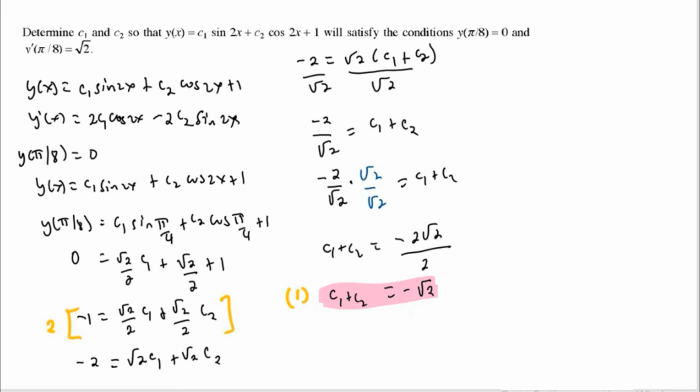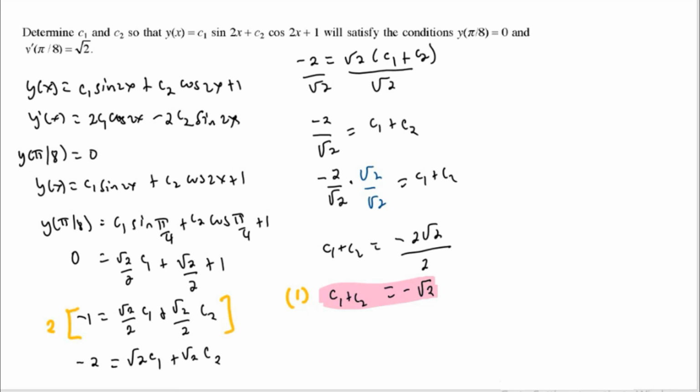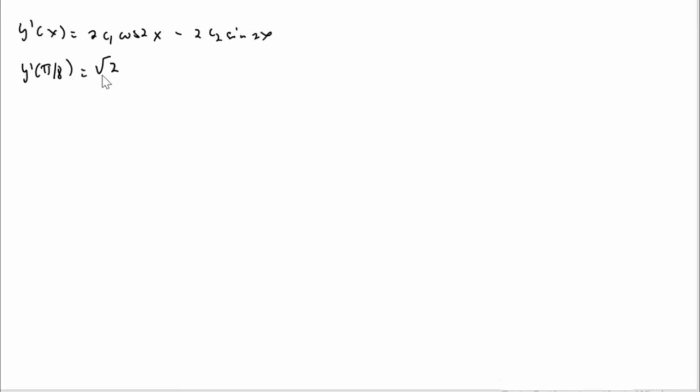Okay, they are correct. So now I'm going to use the condition of y prime of pi over 8, which is equal to the square root of 2. So replace x now in this equation by pi over 8.